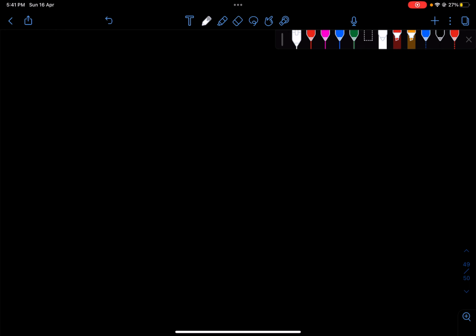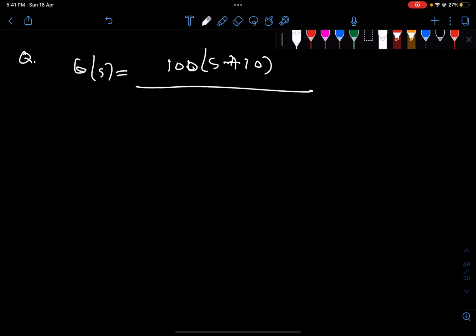So let me introduce a new problem. The question is: given that G of s is 100 times (s plus 10) divided by s times (s plus 3) times (s plus 12).